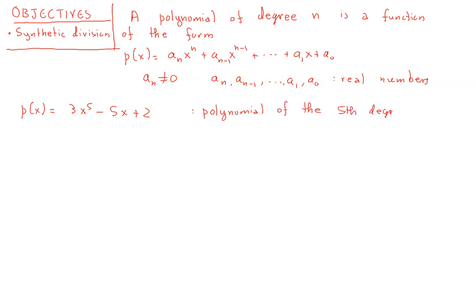Here you can see that the fourth degree is missing, the third degree is missing, the second degree is missing. So you can always think of this polynomial as being rewritten as 3x to the fifth plus 0x to the fourth plus 0x to the third plus 0x squared minus 5x plus 2.